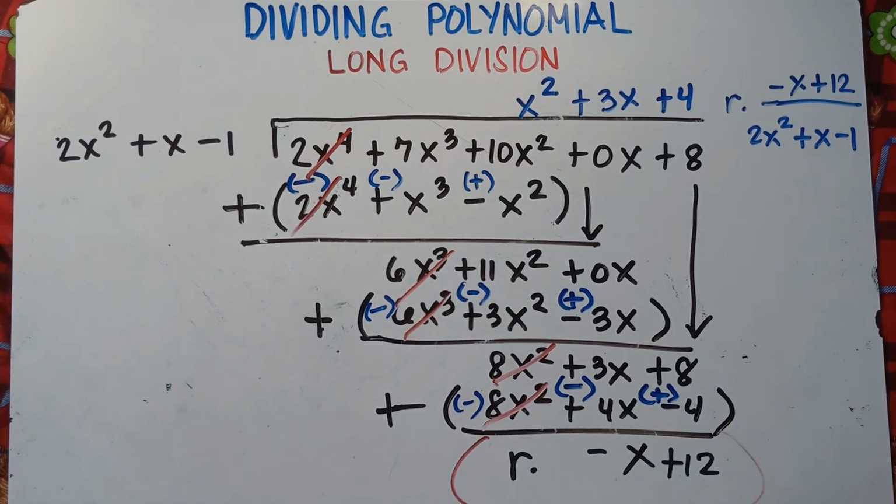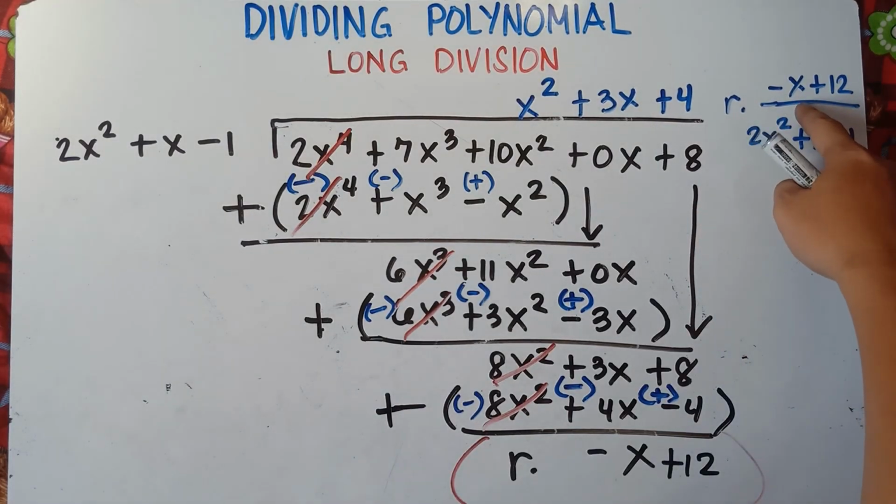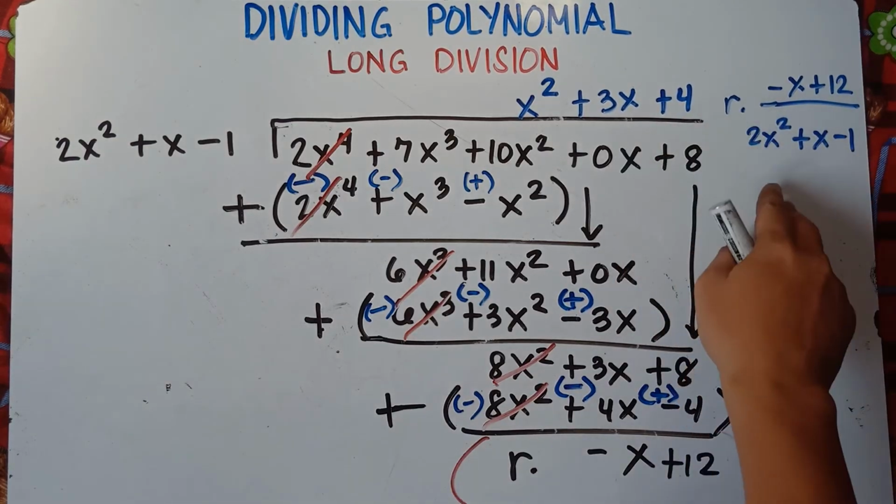So that would be your remainder. There are some cases that the teacher will write it this way, negative x plus 12 over 2x squared plus x minus 1. You can write it this way.